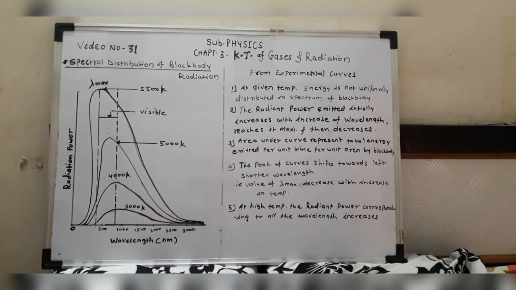Also, hot bodies radiate electromagnetic radiation over a large range of frequencies, so the rate of emission per unit area, also called the radiant power, is defined as a function of the wavelength lambda of the emitted radiation.